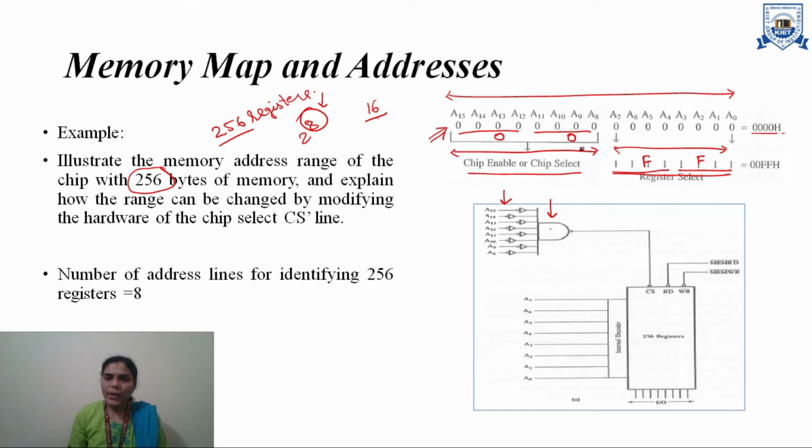So in this way, we can configure the address map for fewer address lines, when the higher order address lines are used for chip selection. In this way, we can make an address map for any given specification of a memory chip.